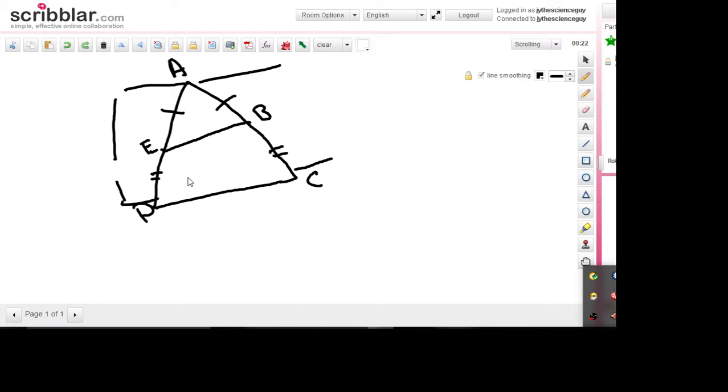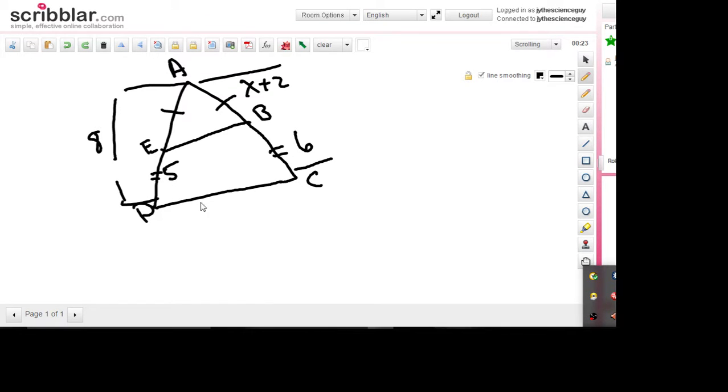Okay, so if I'm looking at the proportions, let's see what they're actually trying to get us to find. They're trying to get us to find x plus 2. And then they said that this is 6. And then they said this whole side was 8. And they said that this piece was 5. Okay?